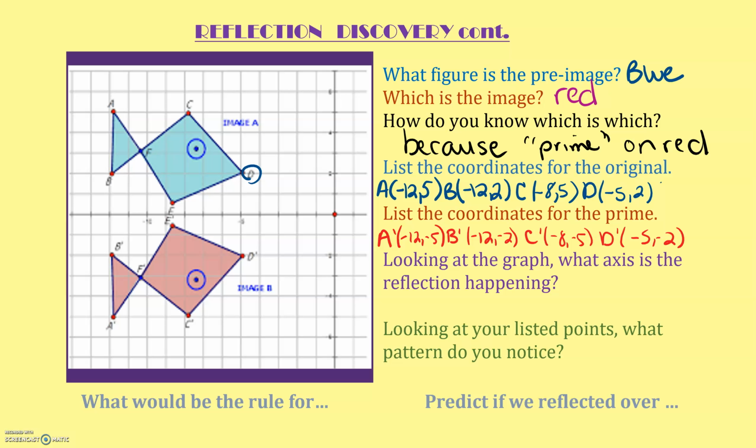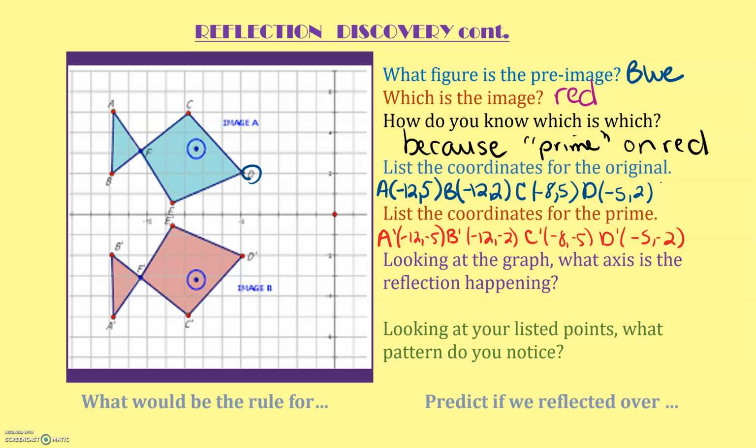So that means that if I were to fold the paper in half, which axis would I fold the paper on to make this reflection happen? And then I want you to look at those listed points and see if you notice any patterns at all. So I'll give you another couple of minutes or whatever you need when you pause the video to answer those two questions.